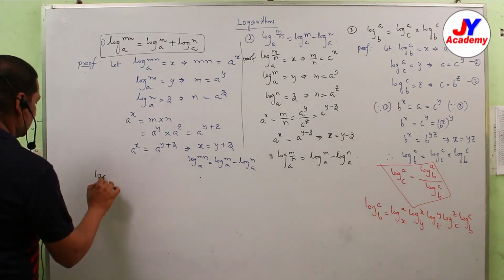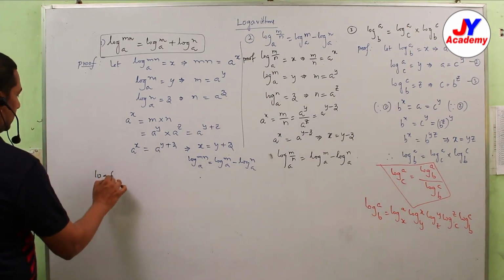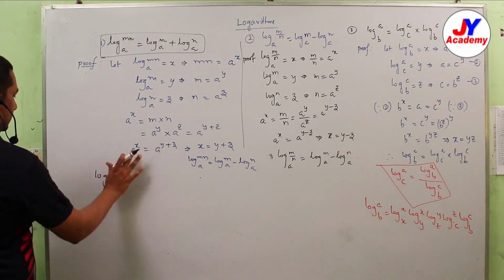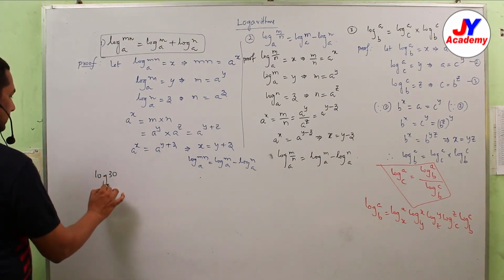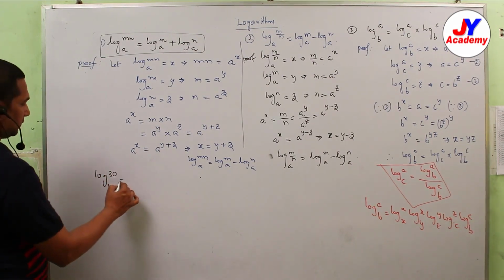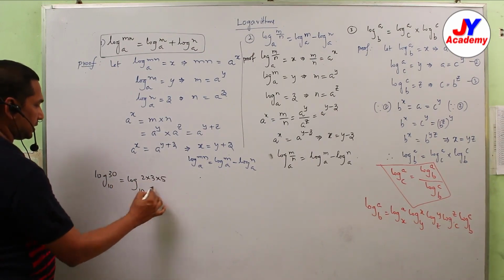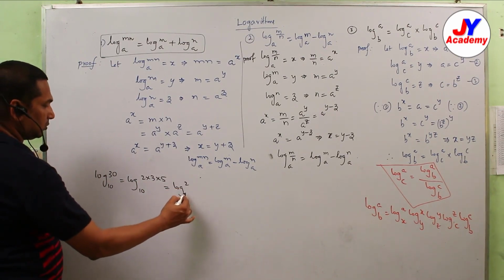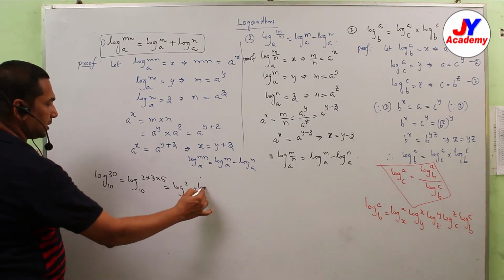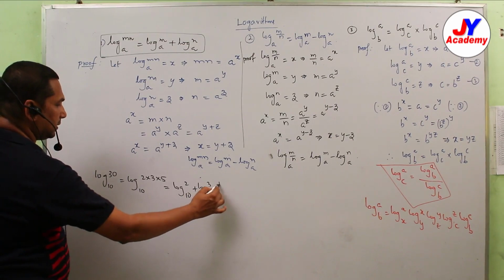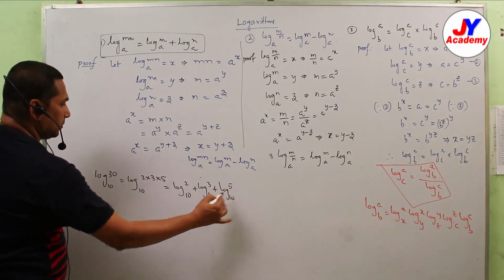Suppose a question will come like this: log 30 base 10 is given. So how do we have to simplify this? Log 2 into 3 into 5 base 10, that is log 2 base 10 plus log 3 base 10 plus log 5 base 10.